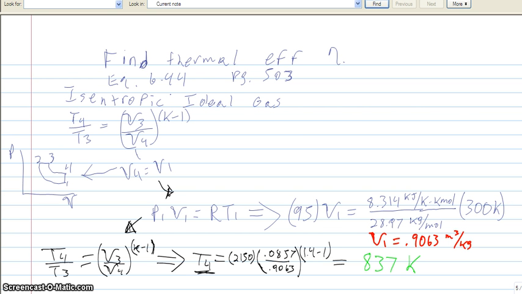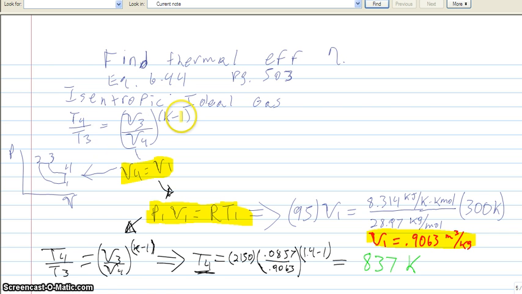Okay, so now that we got everything, for V3 over V4, for finding V4, if you look at the PV diagram over here, V4 equals V1. And to find V1, we already have the temperature and the pressure, so now we can find V1. After a few calculations over here, we find that V1 equals 0.9063.